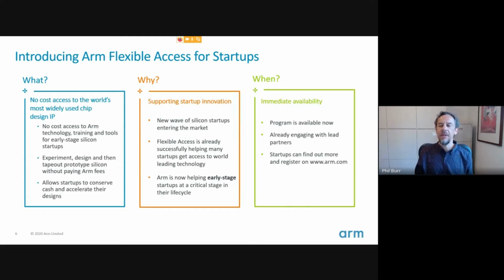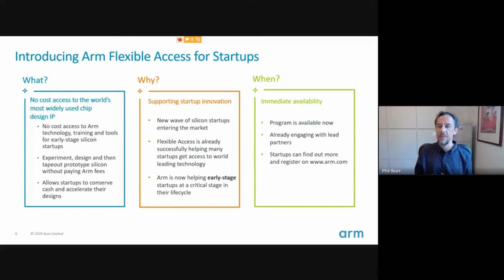And the reason we're doing this is that we do see an incredible number of silicon startups entering the market. We had a program, which I'll talk about, called Flexible Access, and that's already been successful, helping startups get access to technology.